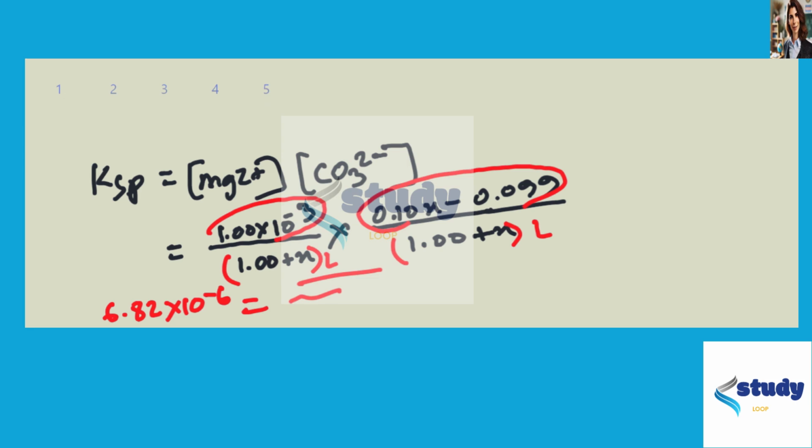Then if we solve this for x, the value of x will be found as 1.37 liter. So this is the volume of the sodium carbonate solution required to precipitate 99% of the magnesium from 1 liter of 1 molar magnesium nitrate solution.